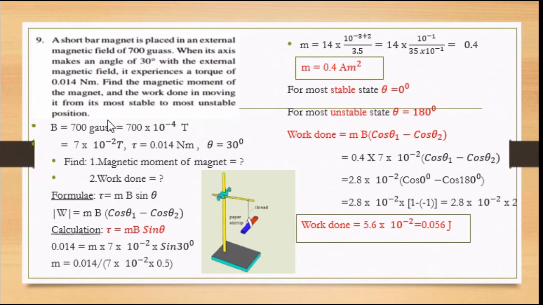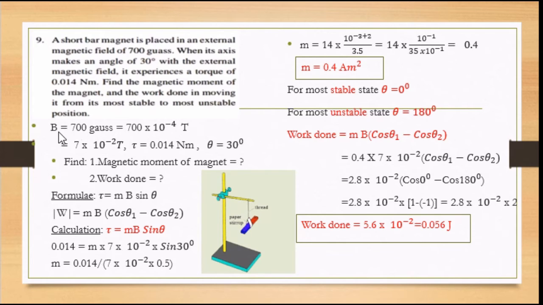Students, here the bar magnet is placed in the external magnetic field and the magnetic field is given to you. How much? It is 700 Gauss. So we have to convert it into Tesla by multiplying it by 10 raised to power minus 4.